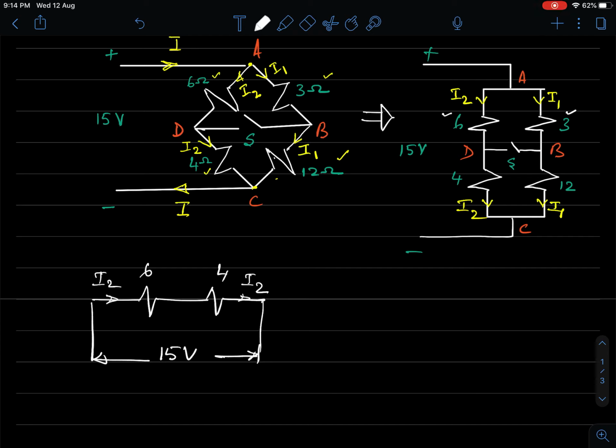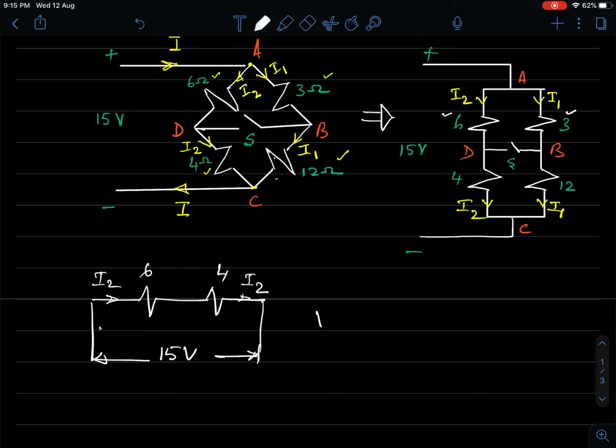So I will apply voltage division to determine the voltage across this 6 ohm and the voltage across this 4 ohm. I would first find out the potential difference across 6. Without calculating the current, if I am interested in knowing the potential difference in any series combination, I go in for the voltage division rule. How do I apply that rule?